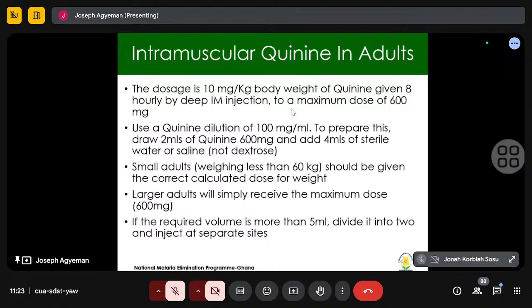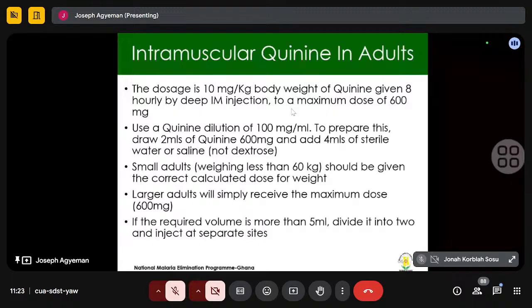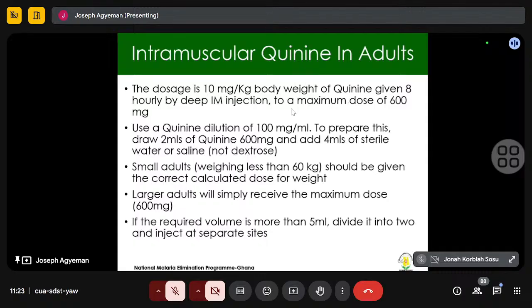Do not administer all the 6 mils at one site. Once the volume is more than 5 mils, divide the volume into 2 and inject into 2 separate IM sites. So, for example, in this patient that requires 600 milligrams as a dose, we are going to introduce all the 6 mils, and since it is more than 5 mils, we divide the 6 into 2.